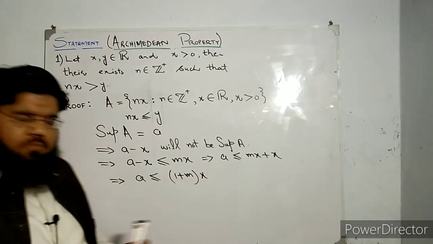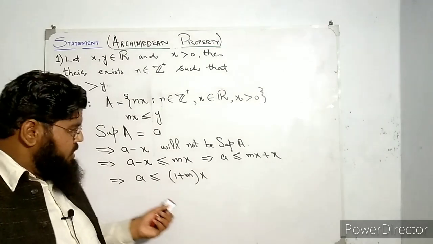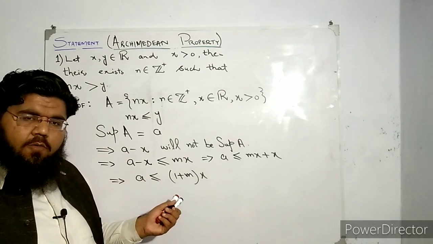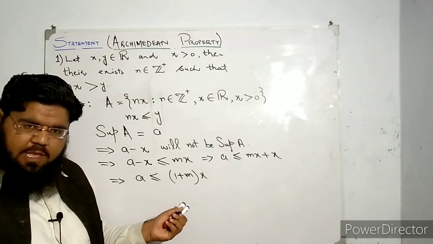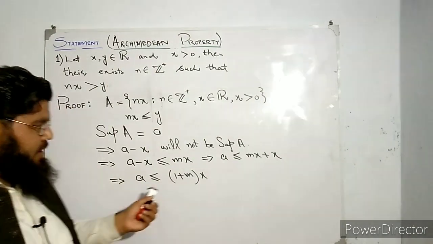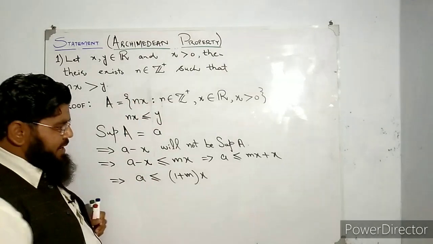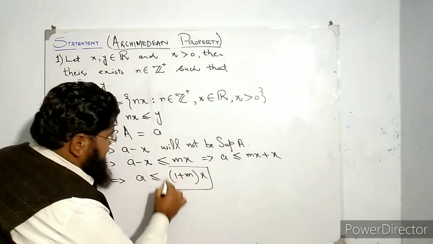Of course it is allowed, it's simple algebraic manipulation, nothing else. Okay, so now what we have proved here, if you focus on this line, you can easily say that we have found an element of this set, and that element is (1 plus m) times x.